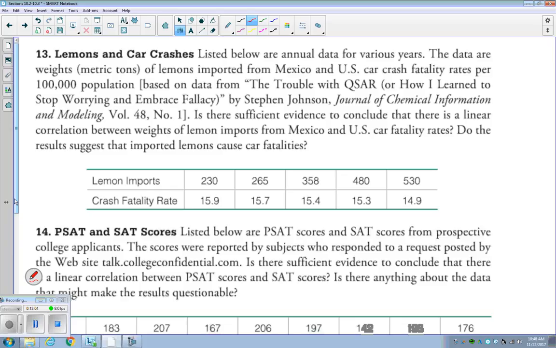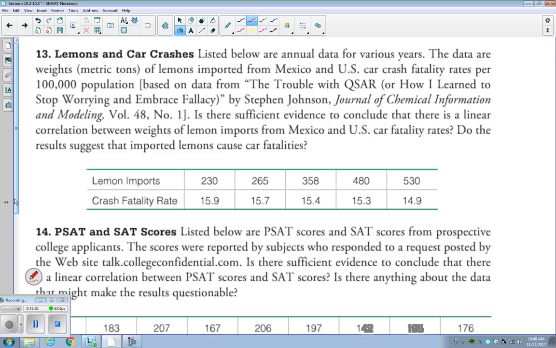Is there sufficient evidence to conclude that there is a linear correlation between weights of lemon imports to the U.S. and car fatality rates? Do the data results suggest that imported lemons cause car fatalities?